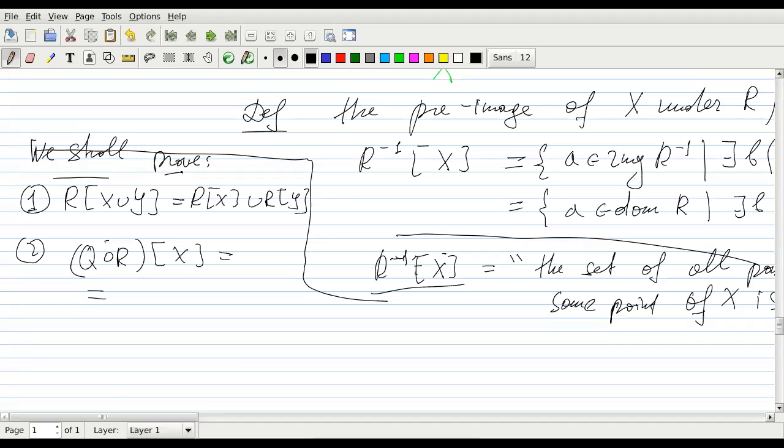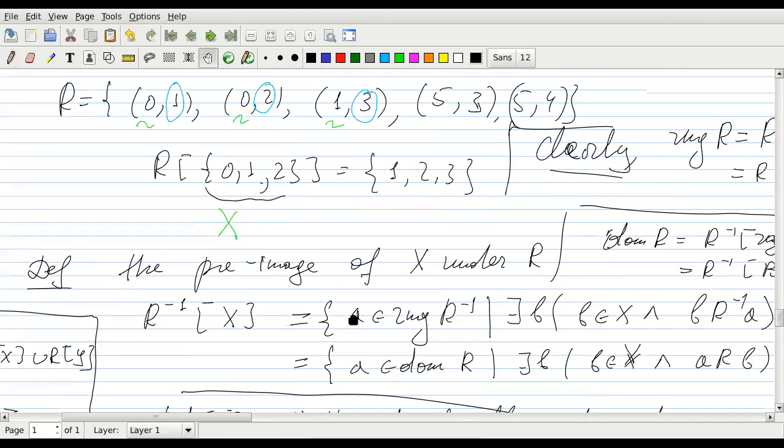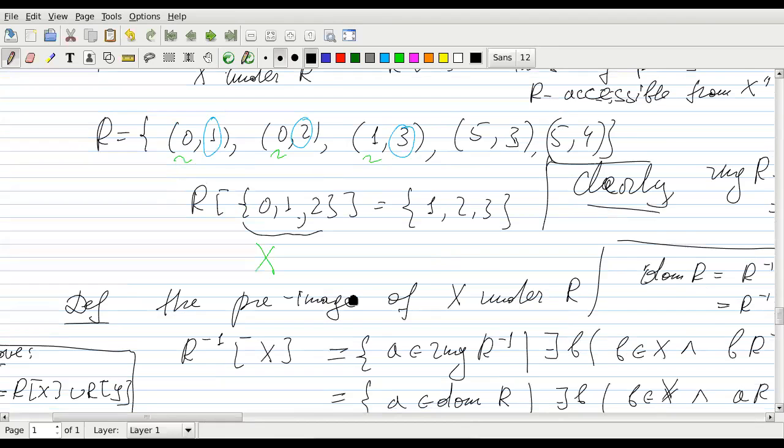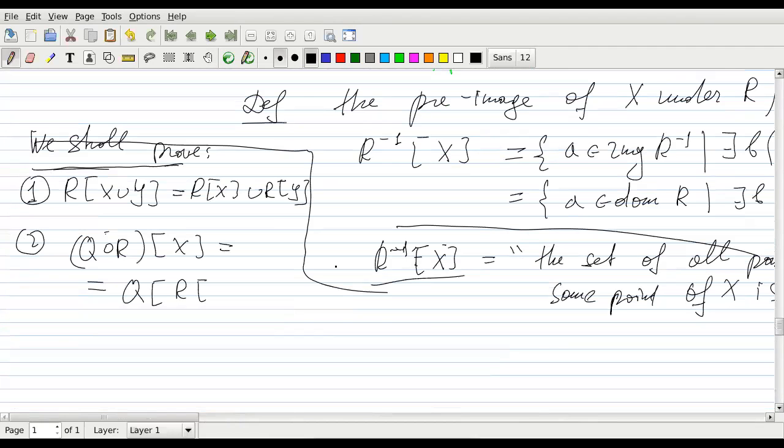Use your intuition. It is not the composition of images, of course, because an image is not necessarily a binary relation. It is just the image of the image, in that order. Is it clear? Yes. We shall prove it.